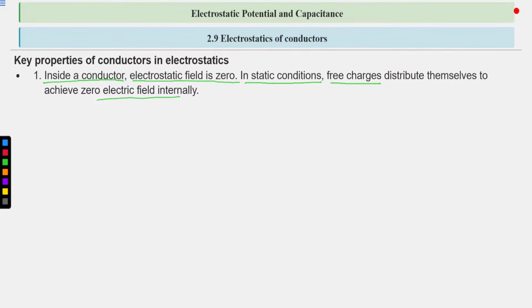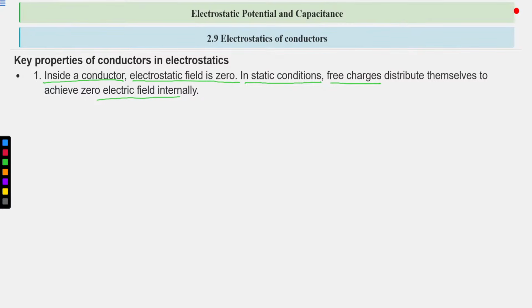Now, if there is an external electric field, or we can say there is charge on the surface of the conductor, then this charge will redistribute itself in such a way that the electric field internally should be zero.